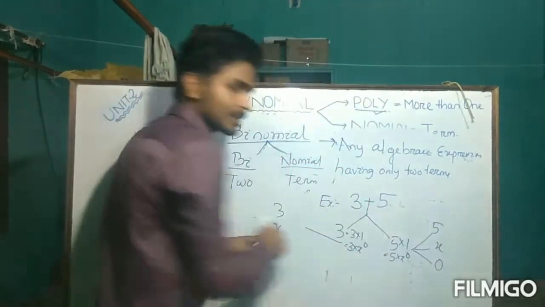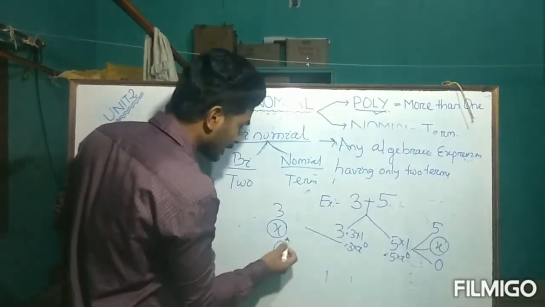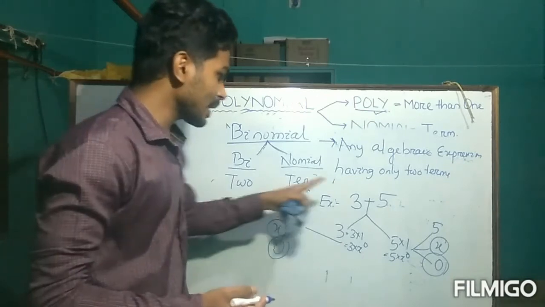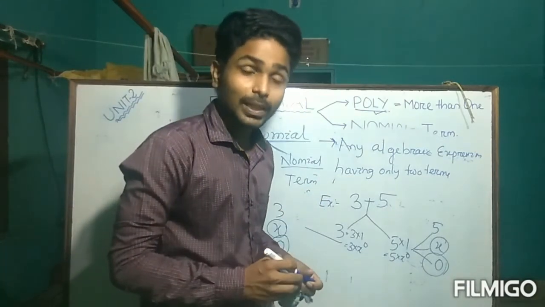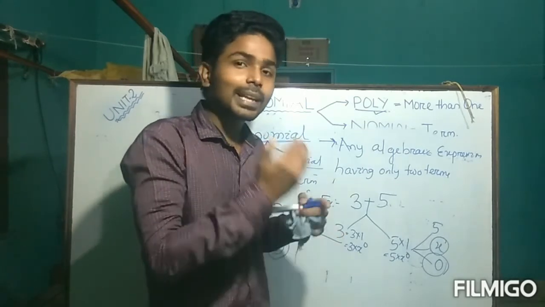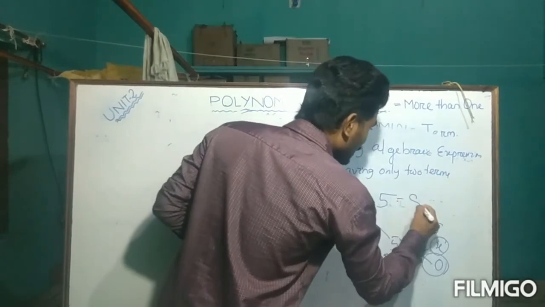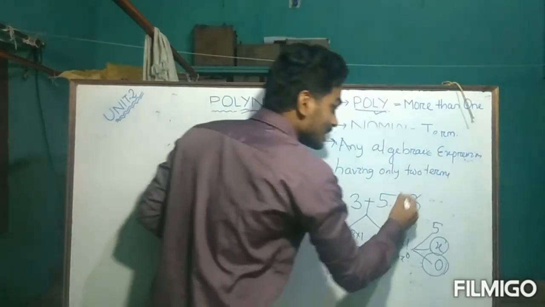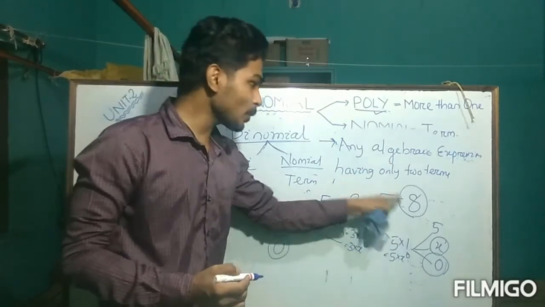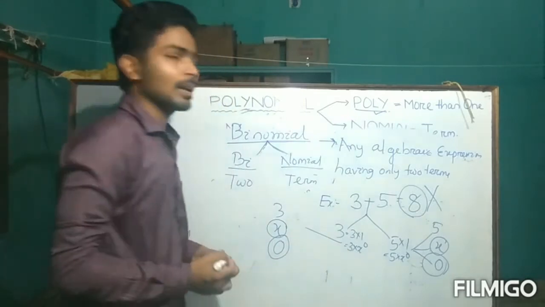They have the same variable and the same exponent, so they are like terms. Since they are like terms, they can be easily added. So 3 plus 5 gives 8, and 8 is a single term. It is not a double term. So it is a monomial. It is not a binomial.